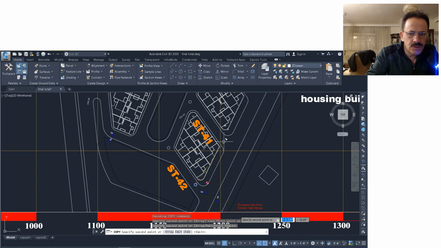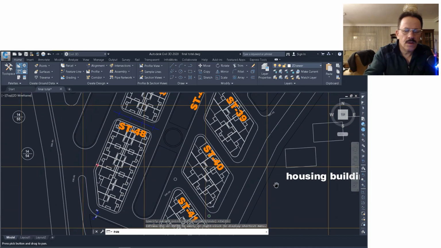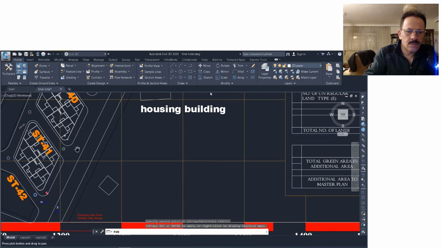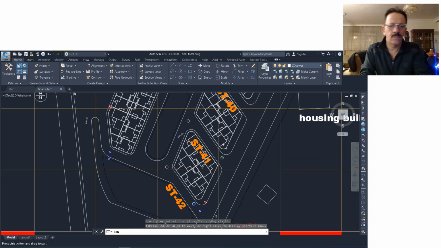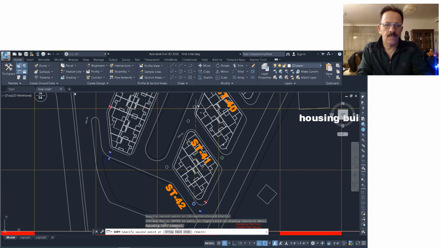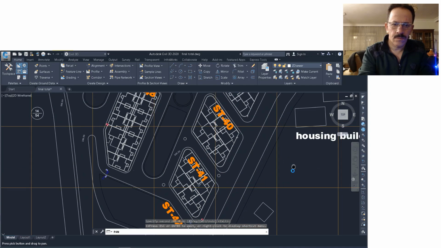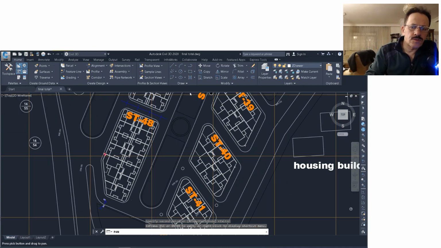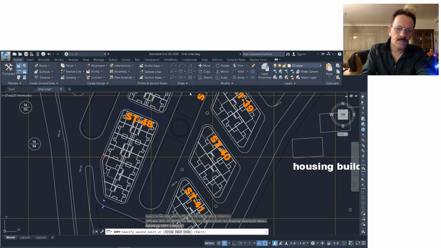Starting with this manhole, there will also be another manhole here, and here.